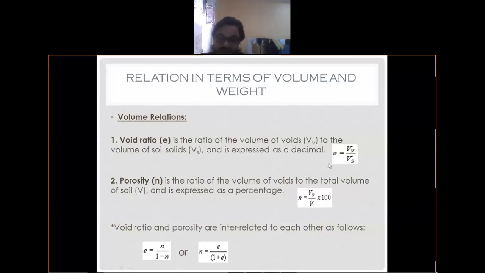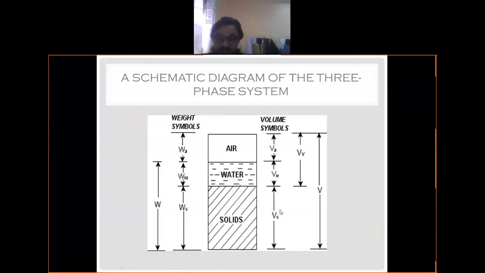Mathematically, it is represented by this relation. Mind it, void ratio is denoted by small e, and it is the ratio of Vv by Vs. Now, what is Vv? Volume of void. Vs is the volume of soil solid. Now, let's go back to the diagram and discuss again. So, what is e?